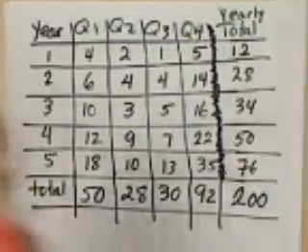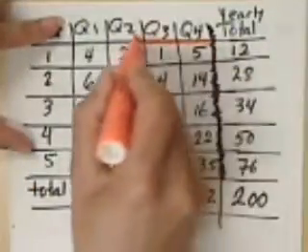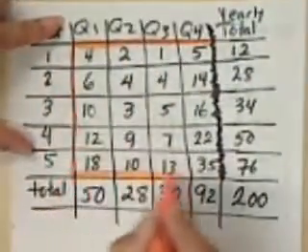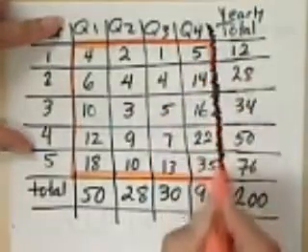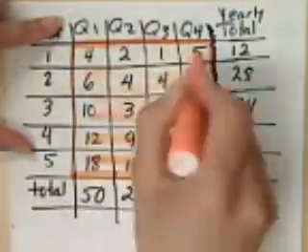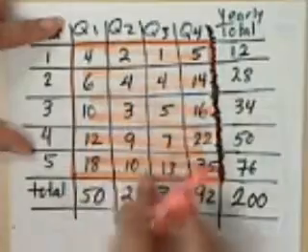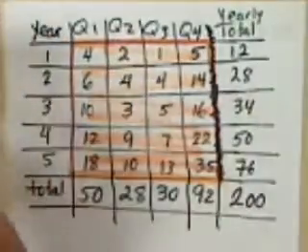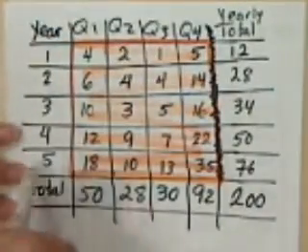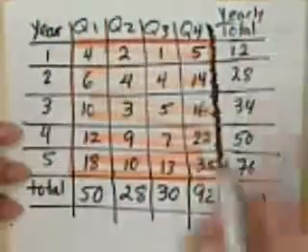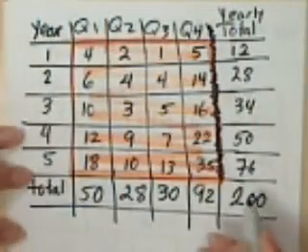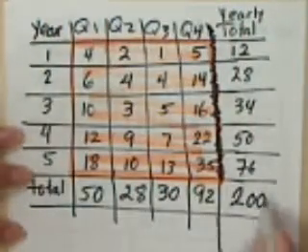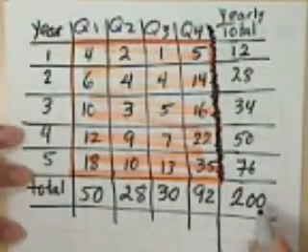Here's my time series. I'm going to block it out over here for you. So the 200 is the summation of all of this 20 period time series. 5 years times 4 quarters is 20. So let's go ahead and calculate the overall average.